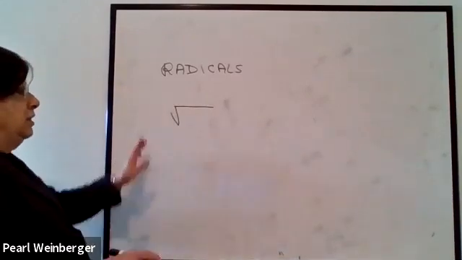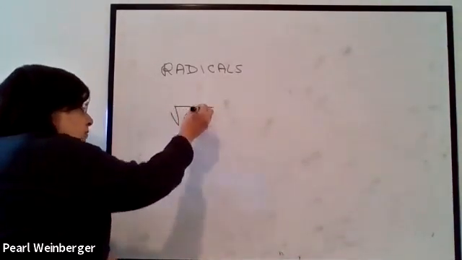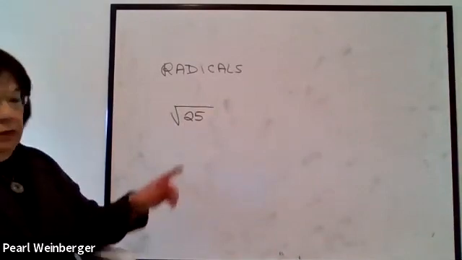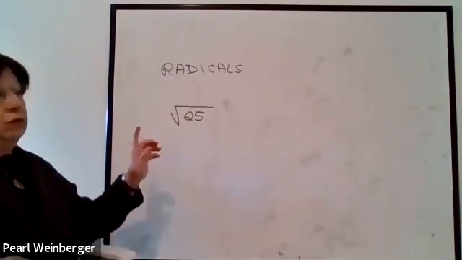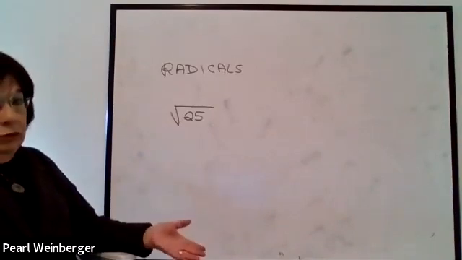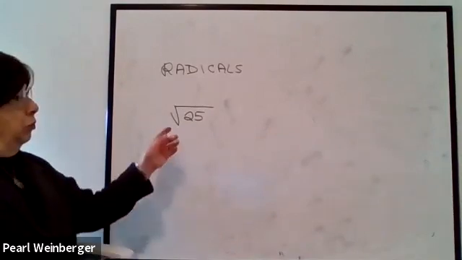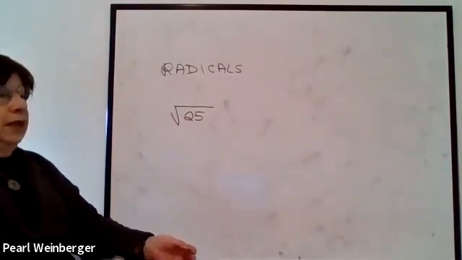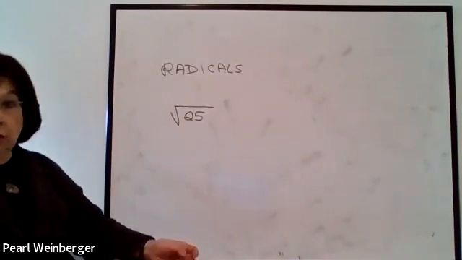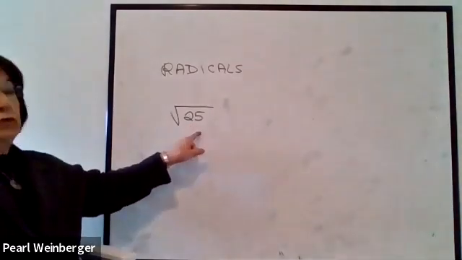And when you see that, it's indicating that what they want you to do is to find the square root of the number. If I write this radical 25, this could be read either radical 25 or square root of 25. Now, what am I asking you to do when I'm asking you to find the square root? I'm asking you to find the number that when you multiply it by itself will give you 25.